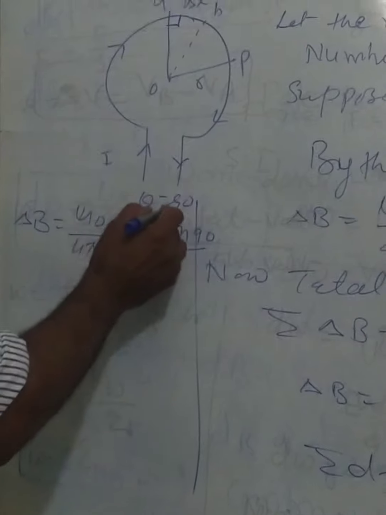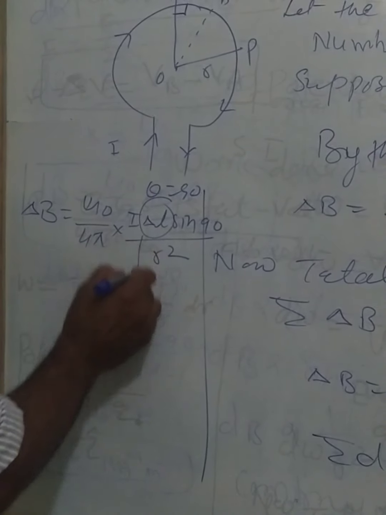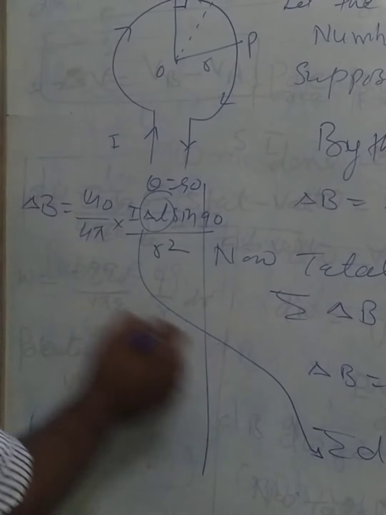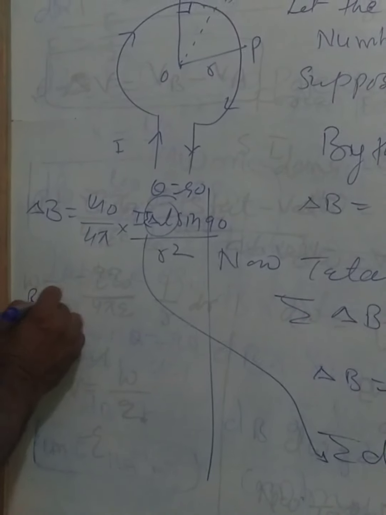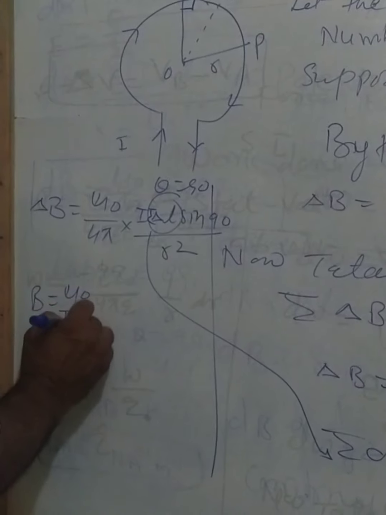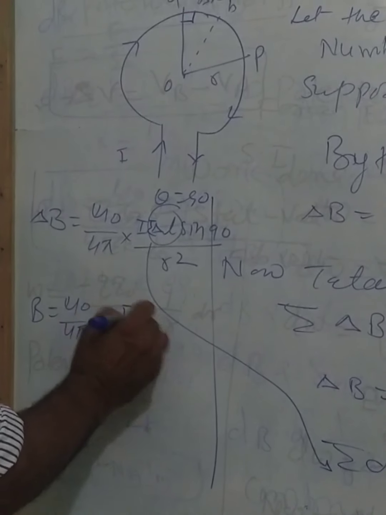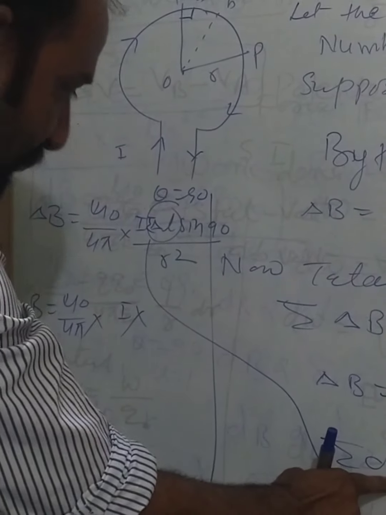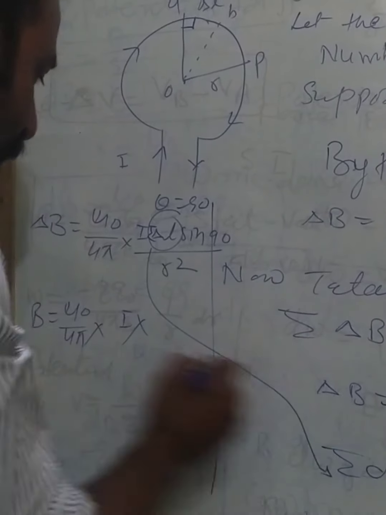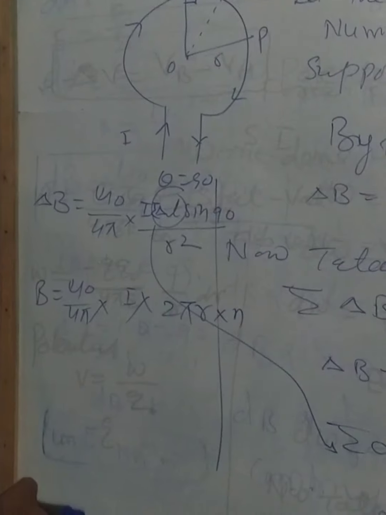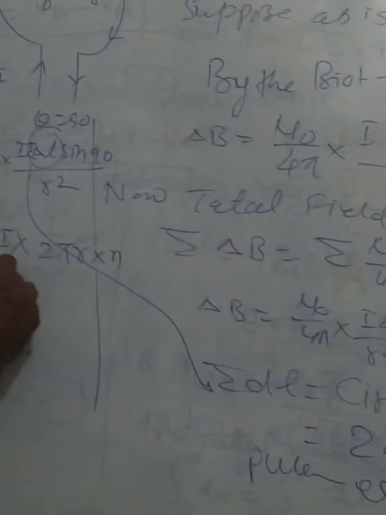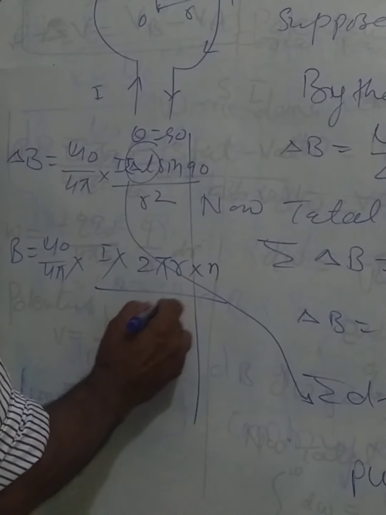Instead of summation del L I will put 2 pi r into n, upon r square.